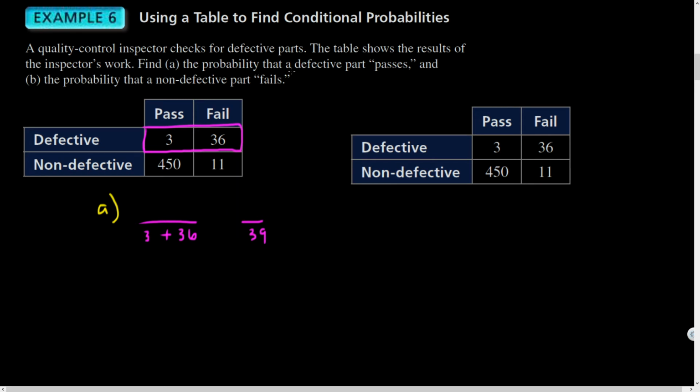In this case, success is actually a worst case scenario if you're a quality control inspector. Which of these did we consider as a pass? 3 of those were a pass. If we divide that out, I get 1/13, which is approximately 7.7%.